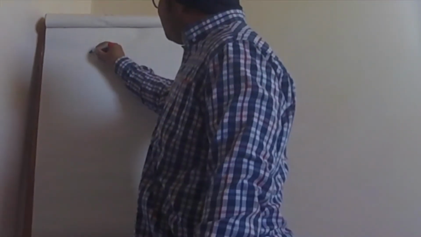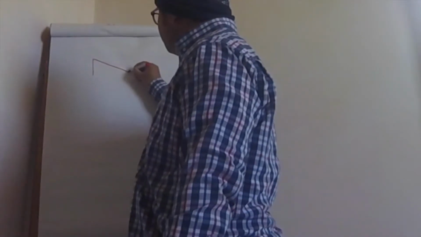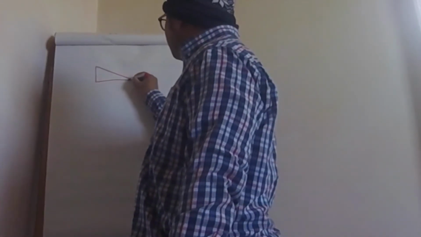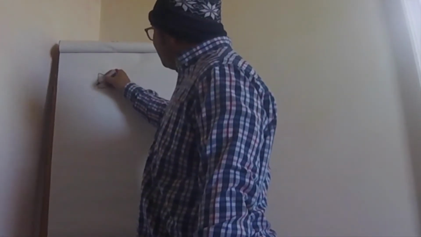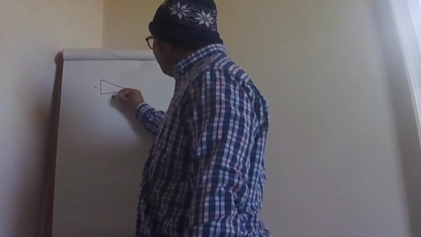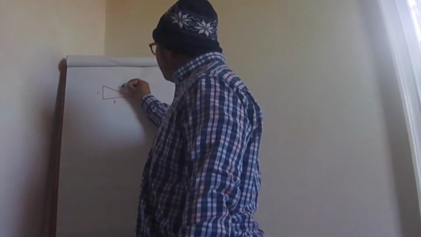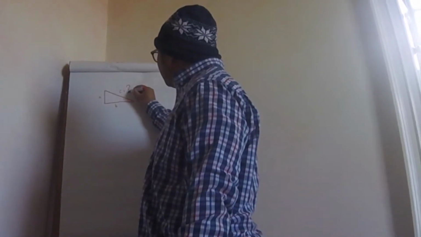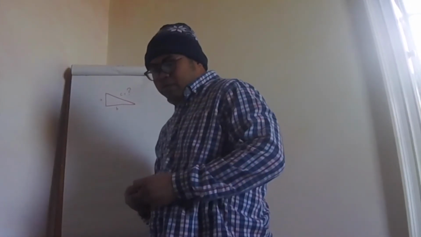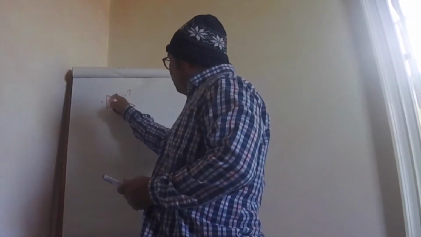So this is the homework. If you have a right angled triangle, and this line is called A and this line is called B, what is C?